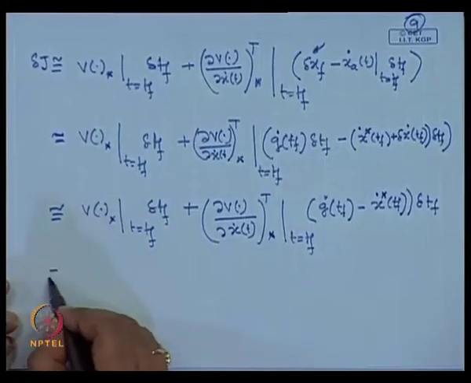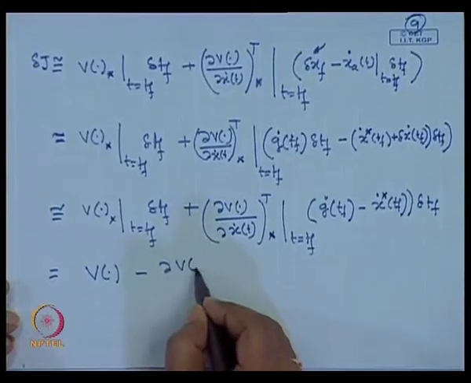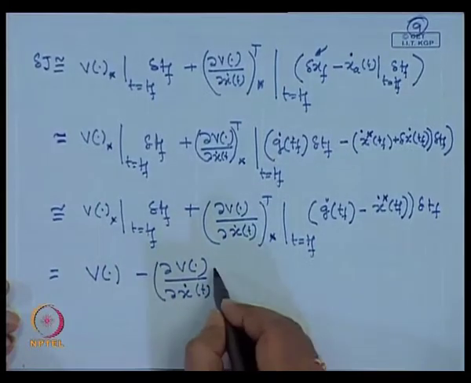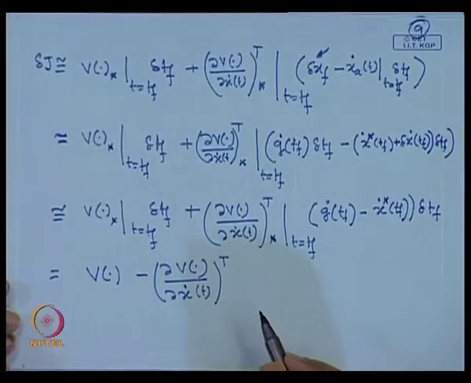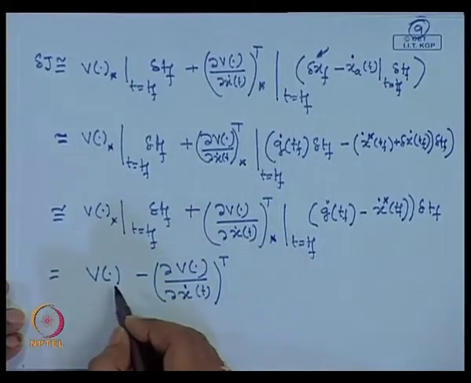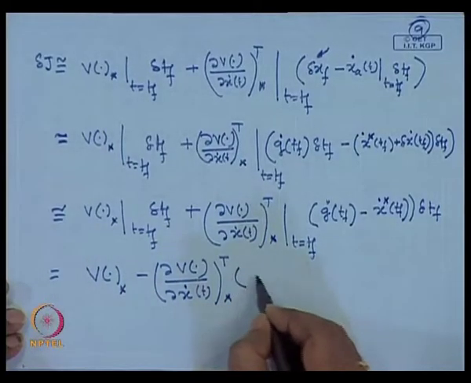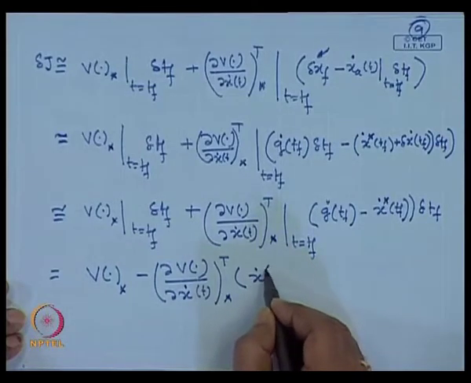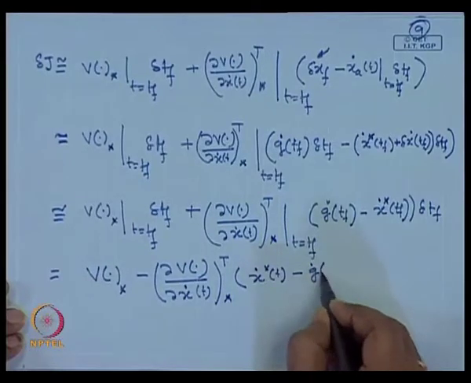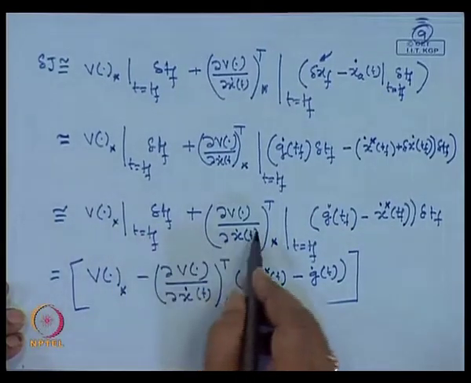So, this can further be simplified. V dot is equal to del V dot del x dot of T, whole transpose, agree, whole transpose. If you want to write star, you can write it here, multiplied by x dot star of T minus g dot T, the whole bracket, because at T is equal to T f.